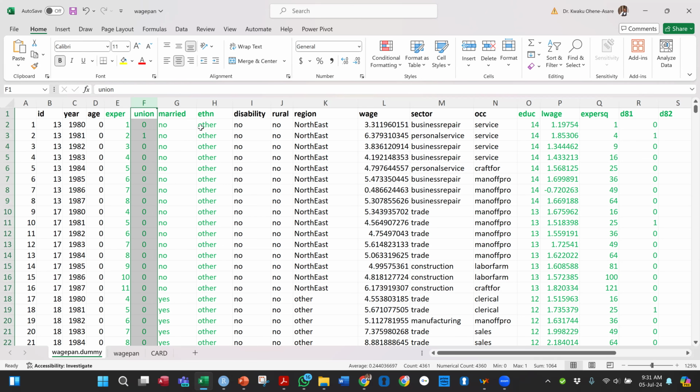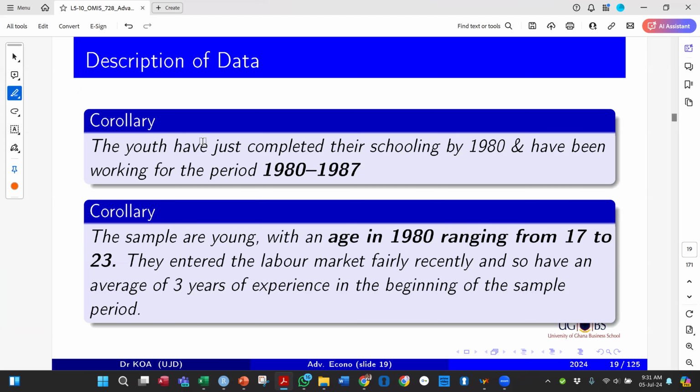Yes. His ethnicity, I'll tell you some of the ethnicity variables. Let's get some few things first. The ages in 1980 are from 17 years to 23 years. Remember, these are just people who have graduated from college. So most of them are between 17 and 23 years. They entered the labor market recently, and so they have an average of 3 years of experience at the beginning of the sample period.